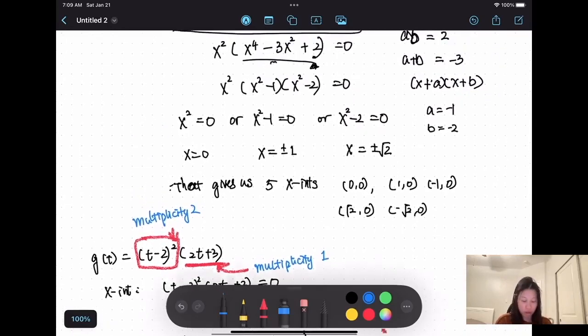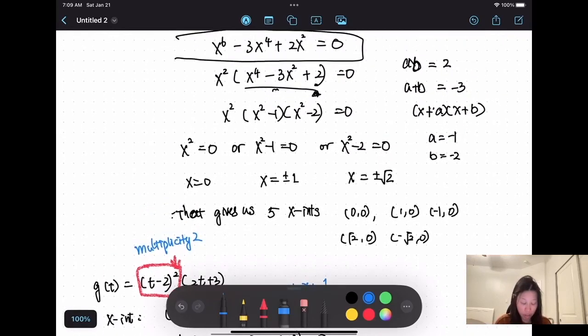Okay, so let's look back at the earlier example. Does this root repeat? It didn't, because the factor only has 1 degree, so we call this multiplicity of 1, similar to this one. The root didn't repeat because the parenthesis, the whole factor, isn't raised to a power.